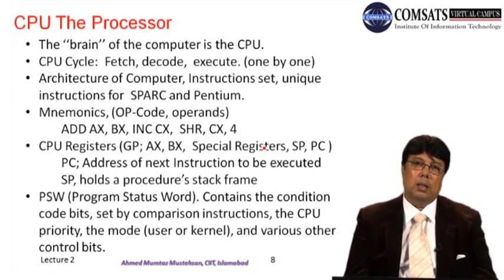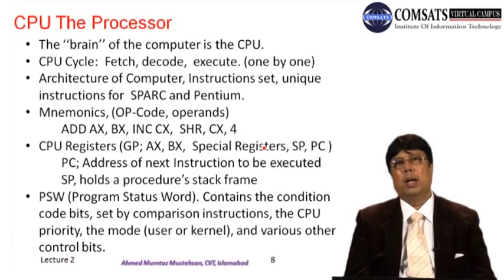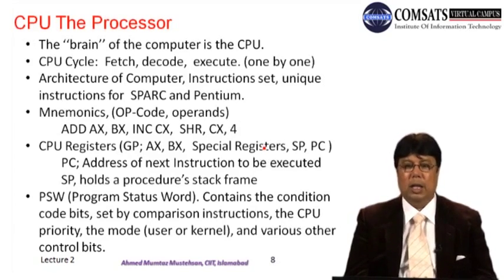So the main device, the brain of the computer, is the central processing unit. The central processing unit executes the instructions, obeys the instructions given by the end user or assigned by the operating system to execute.